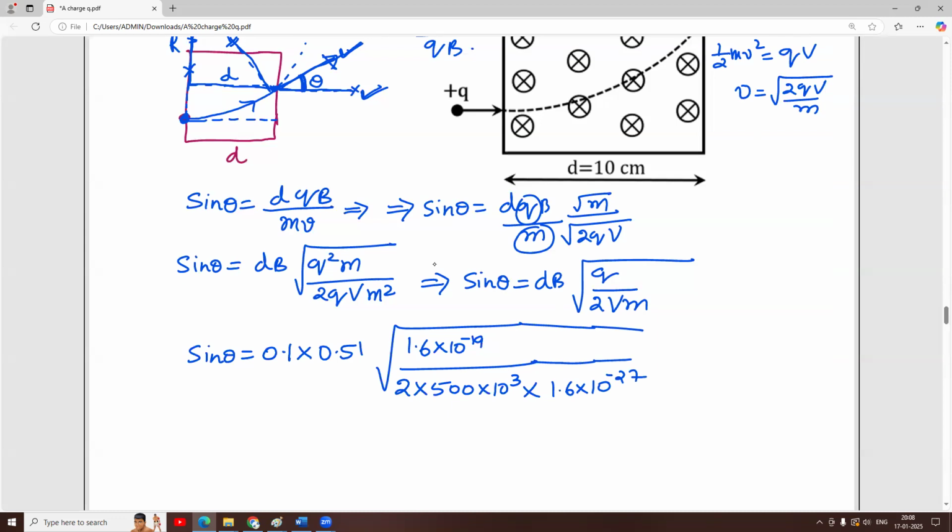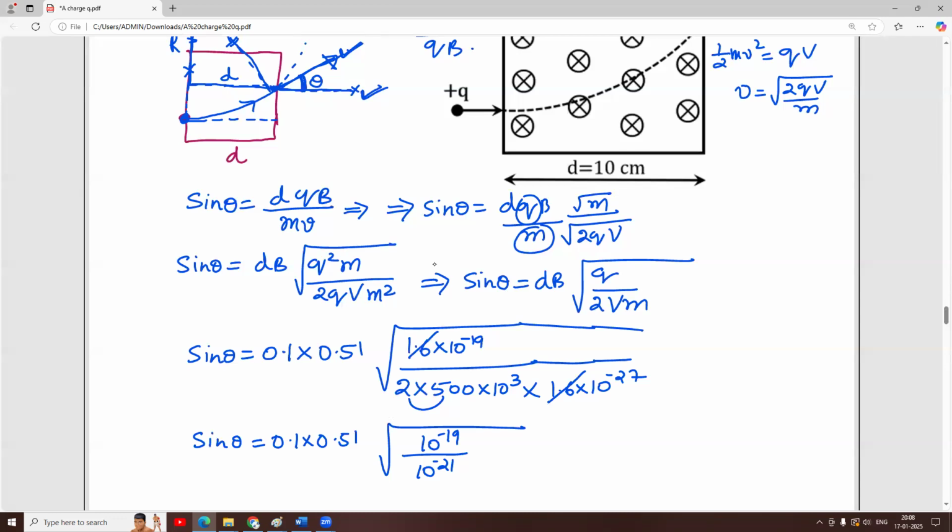So for this one, sine theta is equal to 0.1 into 0.51 into square root of, cancel this for the time being. This will be 1000, and this 1000, that is 10 to the power 3, 10 to the power 6 again. 10 to the power 6 minus 27, 10 to the power minus 21 in the denominator and 10 to the power minus 19 in the numerator.